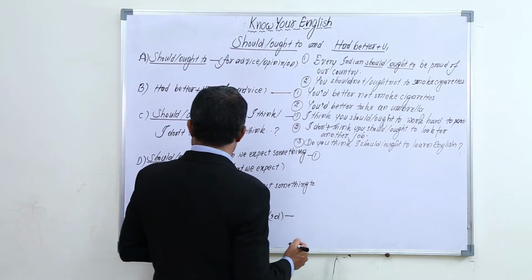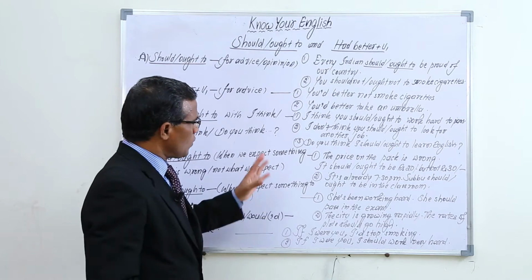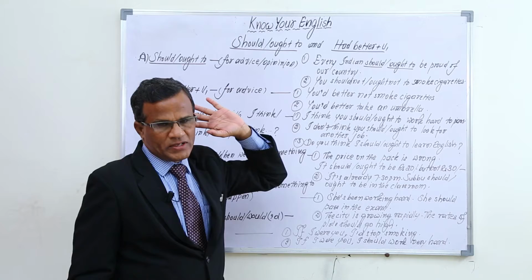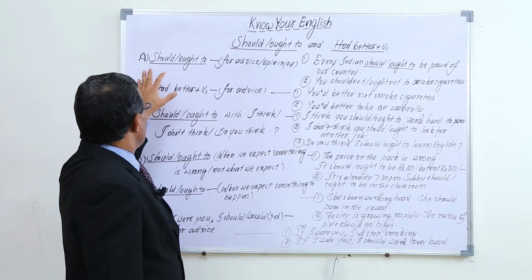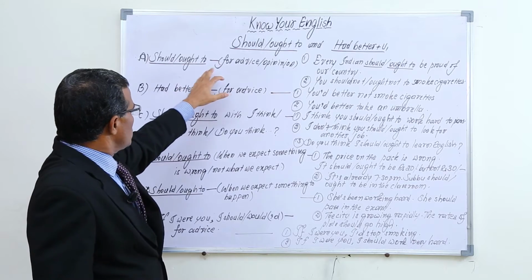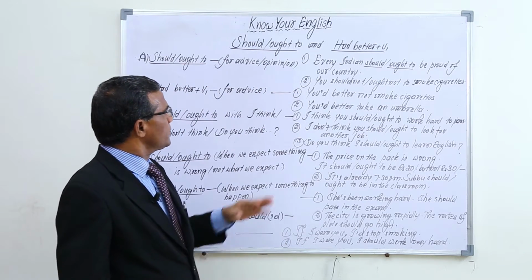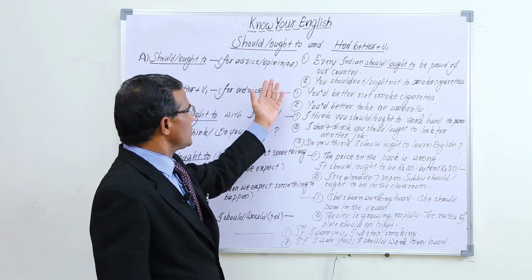Right. Now let me explain all these things. Should or ought to and had better plus V1. So these two structures we are learning. Should or ought to for advice or opinion, we use this one, to give advice or to give our opinion to others.